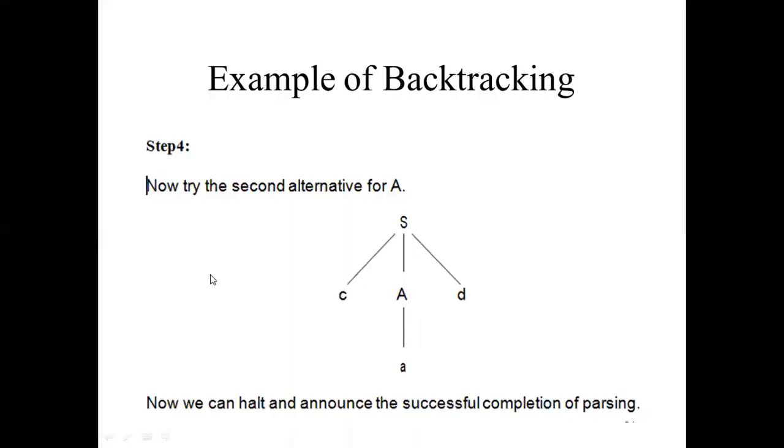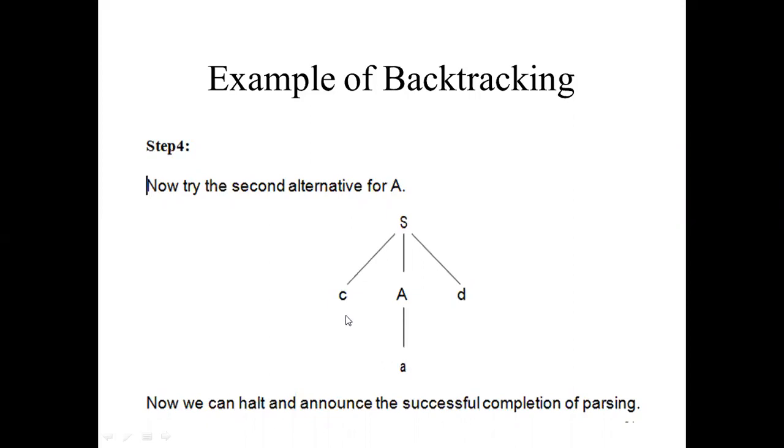So this is step 4. Now try the second alternative for A. We will draw the syntax or parse tree again, as CAD, and the other option we will choose is the single small a.